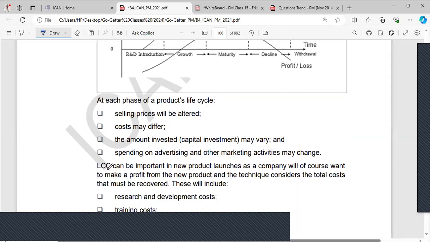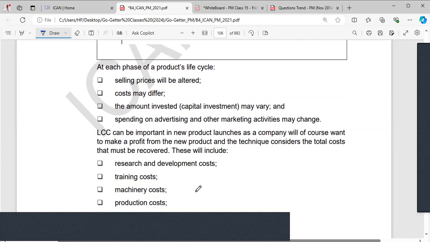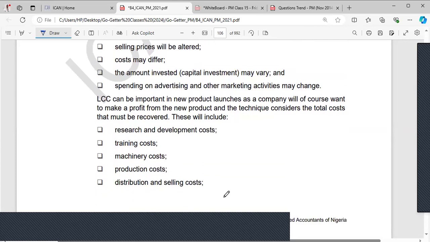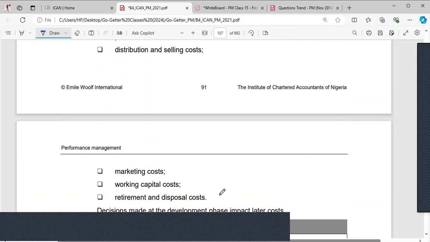Life cycle costing can be important in new product launches. As a company, we want to make profit from the new product, and the technique considers the total cost that must be recovered, which will include research and development costs, that's the R&D, training costs, machinery costs, production costs, distribution and selling costs, and all that.